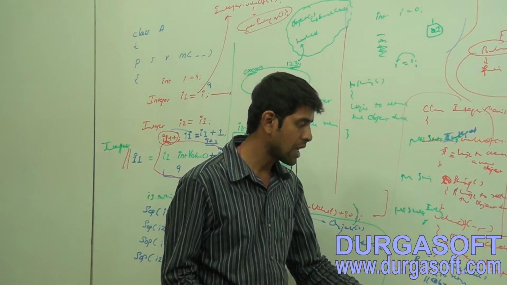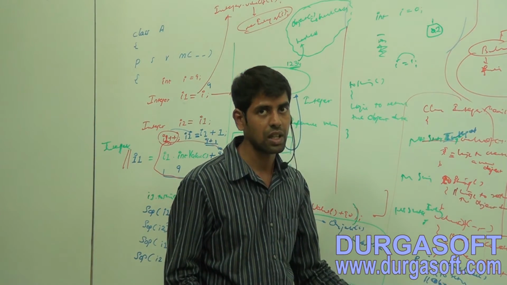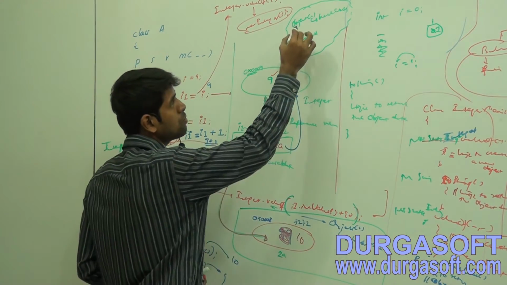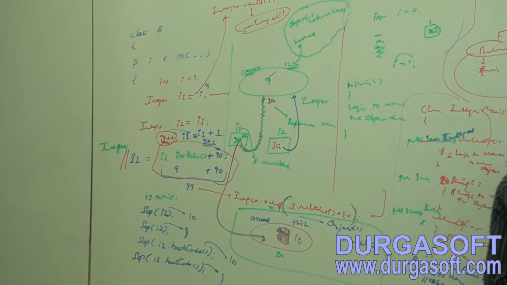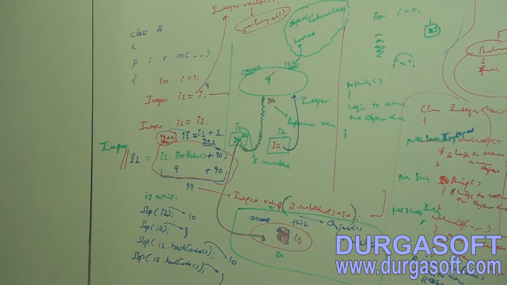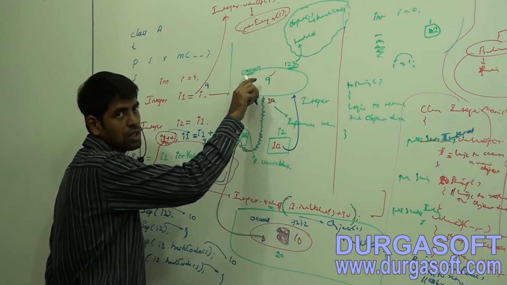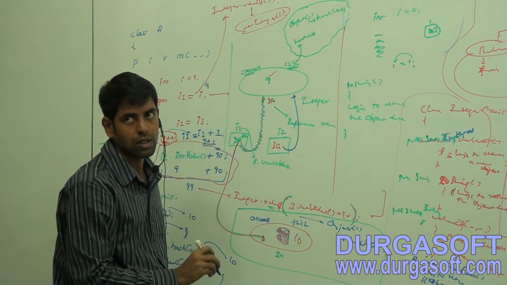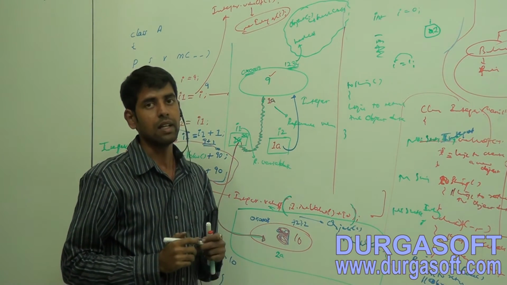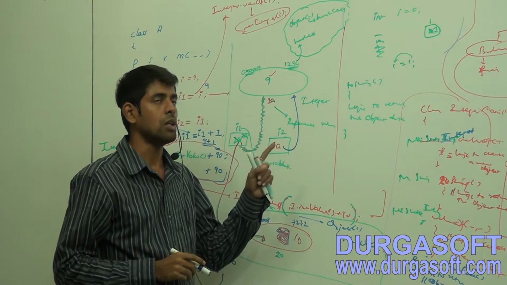This Integer hashCode method has logic to return the object data, whereas the Object class hashCode method has logic to return an integer value, which is an approximate integer value of the address.